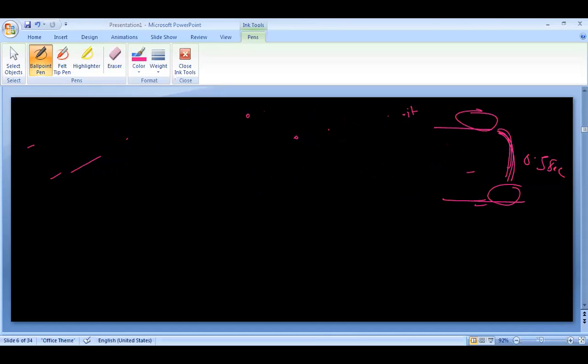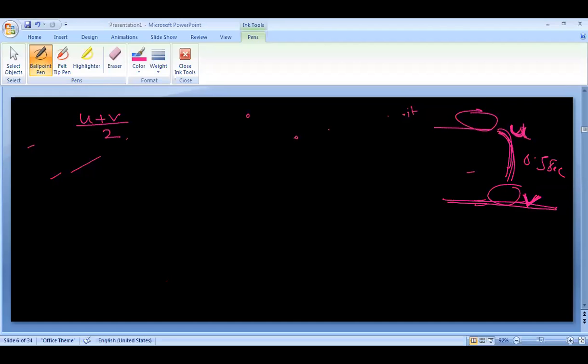When it falls, it has an initial velocity u. When it strikes the ground, it has final velocity v. So what is the average speed? The average speed will be u plus v by 2. Clear?